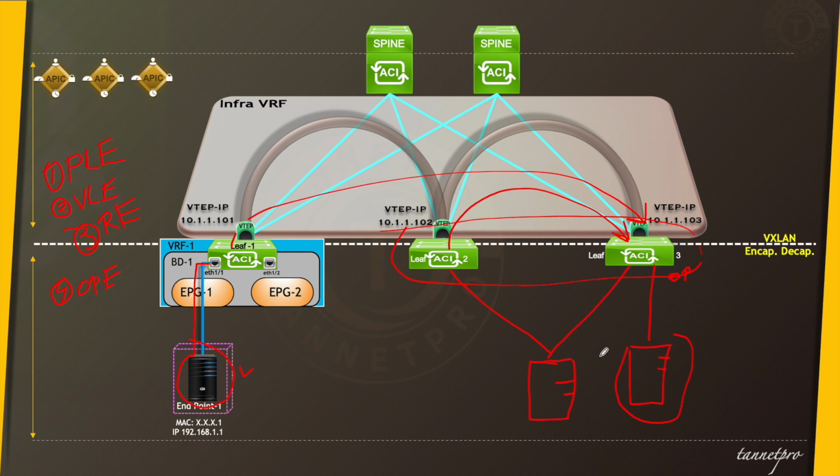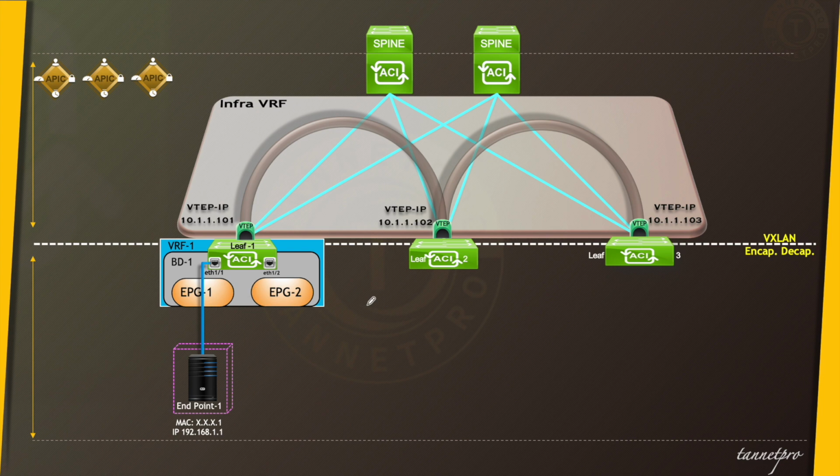Hope it is clear. Another type is the bounce, that I will explain separately. So for now you can understand these four types of endpoints you might face during any deployment or any ACI infrastructure. Yes, it is clear. Now we'll understand the forwarding.